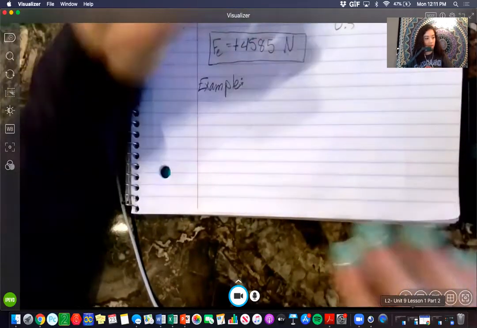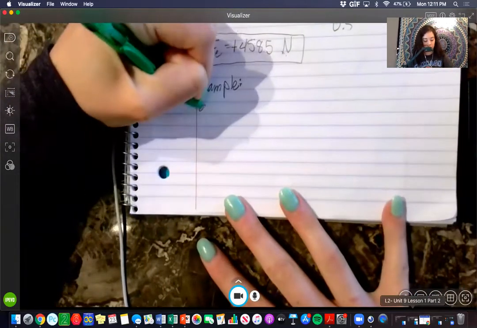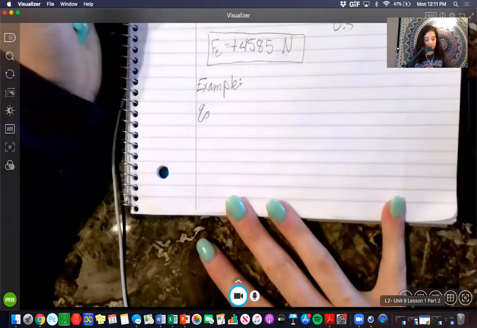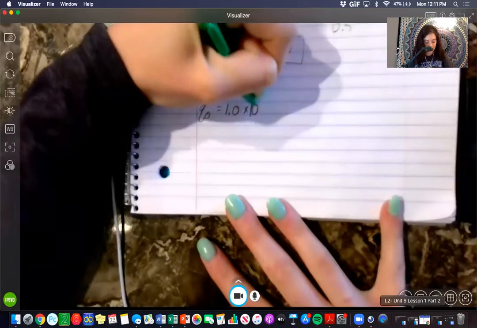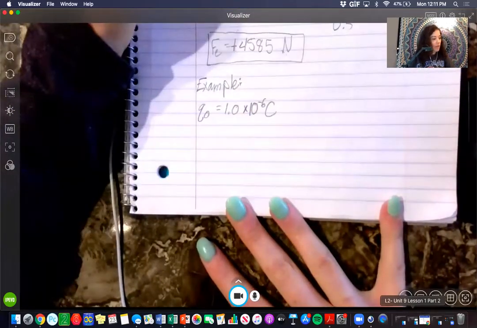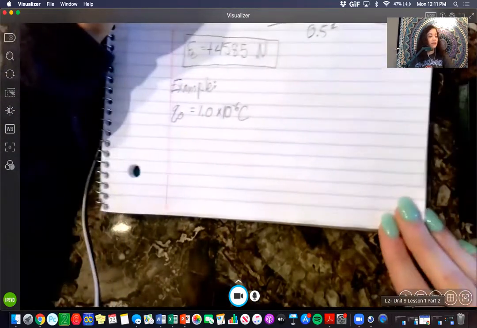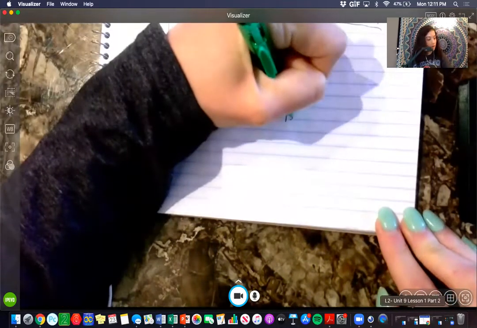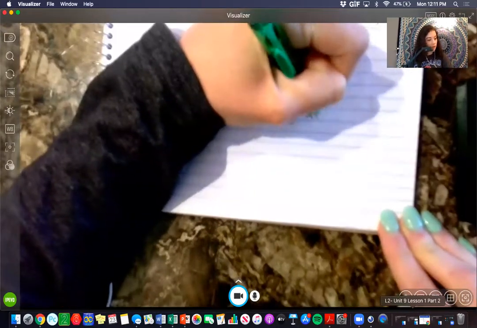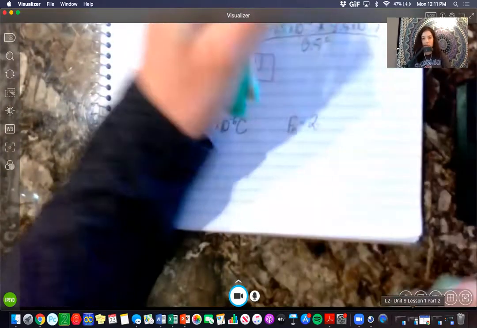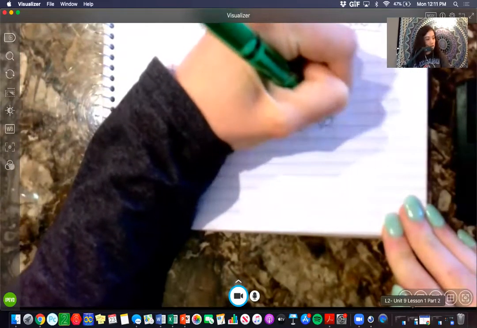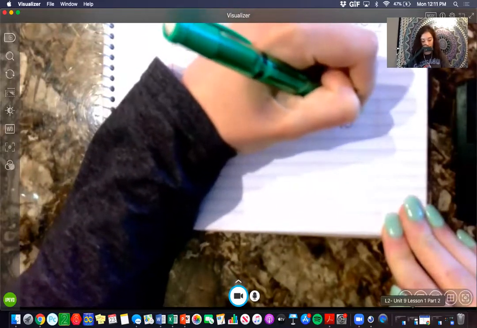We've got a positive test charge. So we're going to give it Q naught because it is the test charge. That is 1.0 times 10 to the negative 6 coulombs. And it's in a field that's exerting an electric force, Fe, of 2.0 times 10 to the negative 4 newtons.